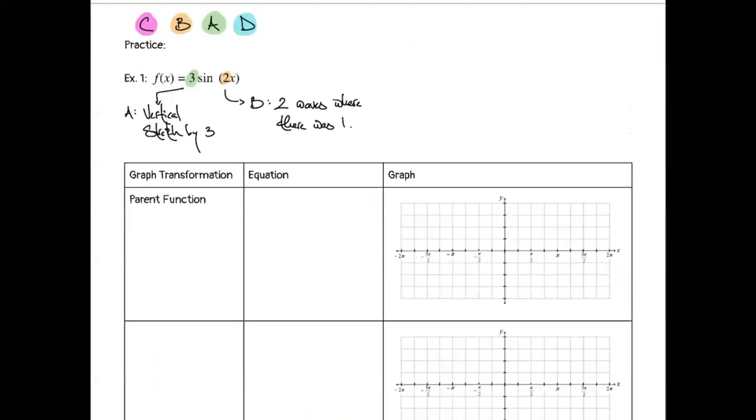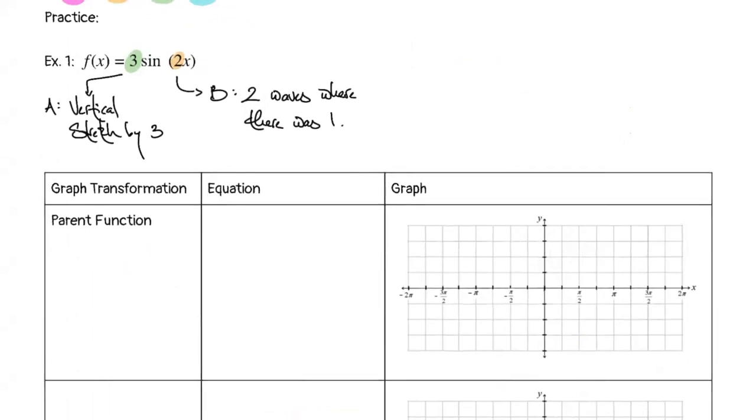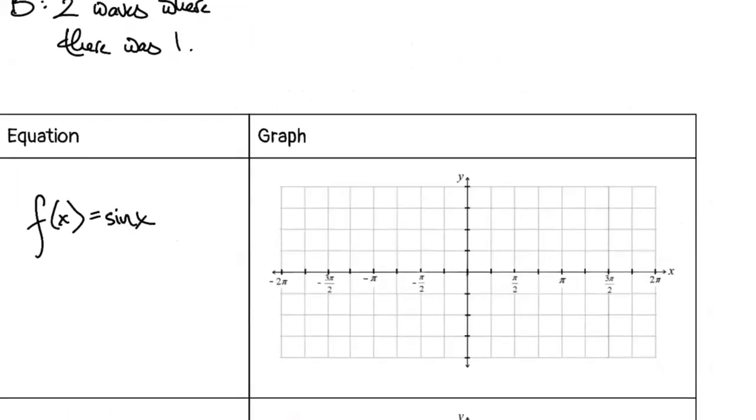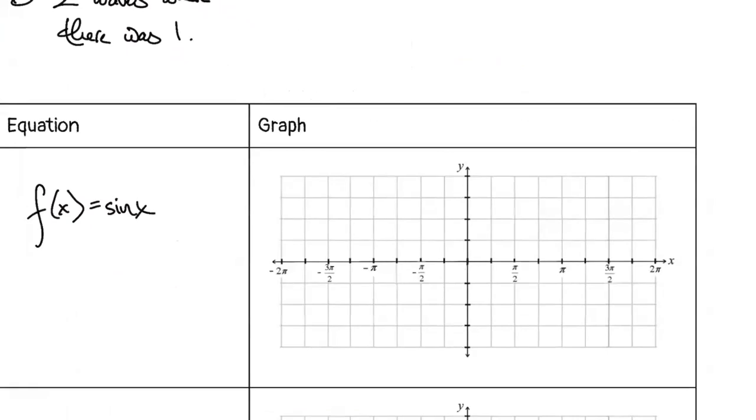And so in this case, our parent function is sine of x. And so we can write f of x equals sine x in our equation. And we're going to go ahead and graph this accurately using the grid, okay? I draw the first point at the origin.